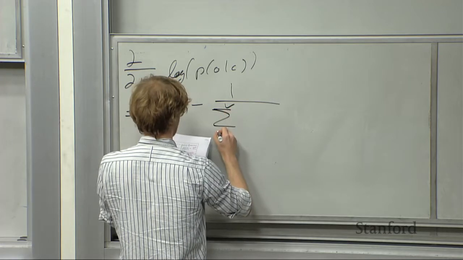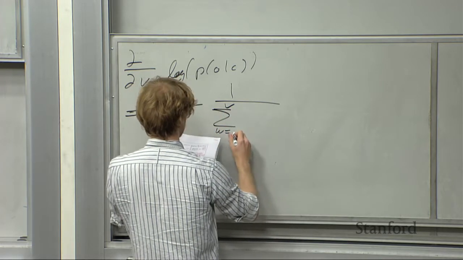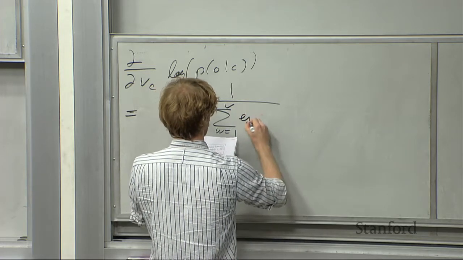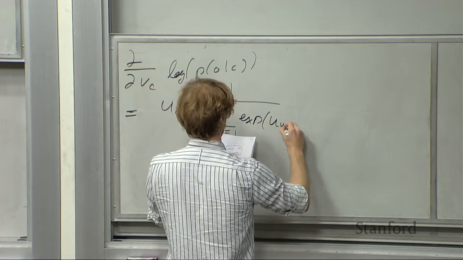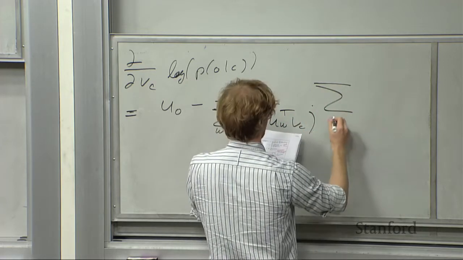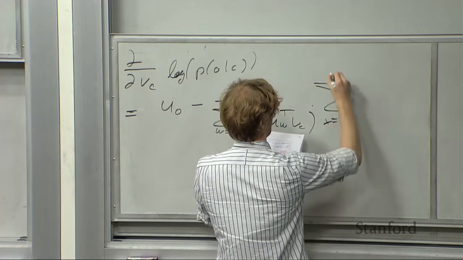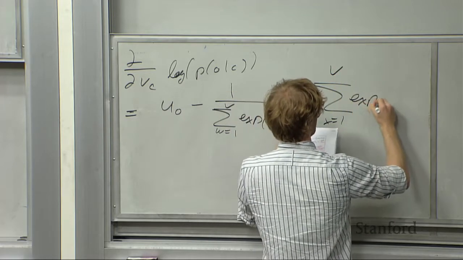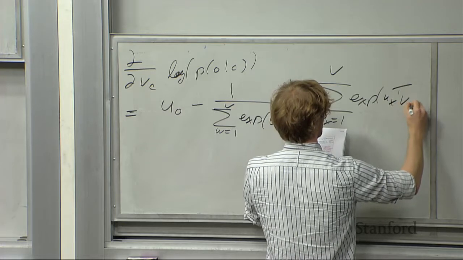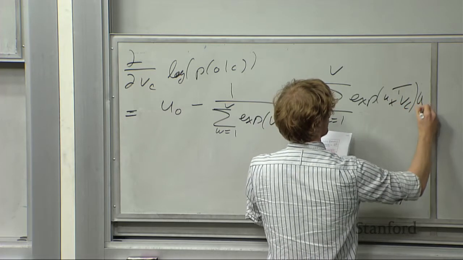And now I'm going to write it again just 2 more times to make you see the simplification. Times the sum over x equals 1 to v of the exponent of ux transpose vc times ux.